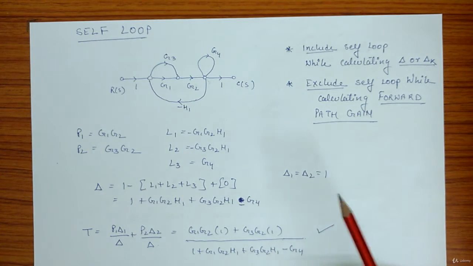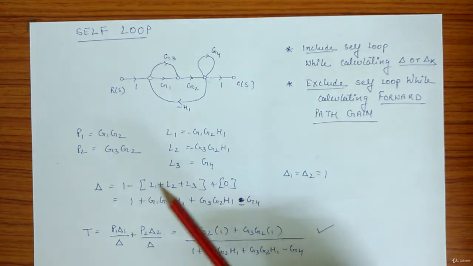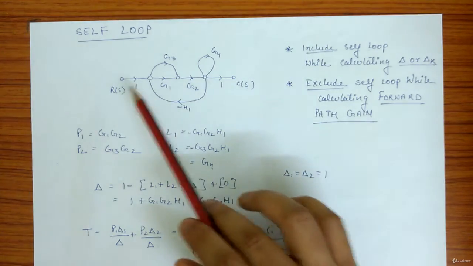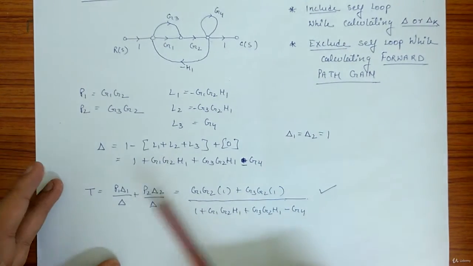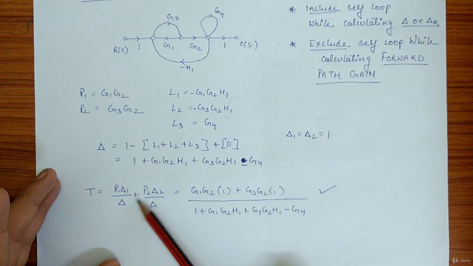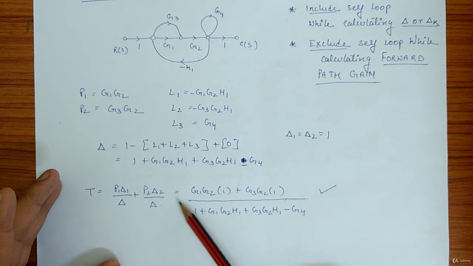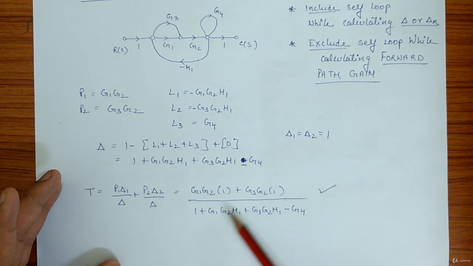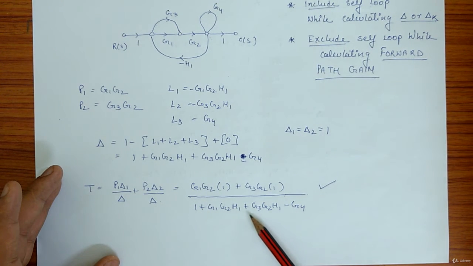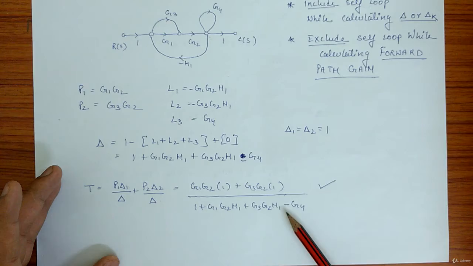So there are no loops when you exclude the forward paths. That is why the delta k's are 1. And then same thing, plug in the values. T is equal to P1 delta 1 divided by delta plus P2 delta 2 divided by delta, which ultimately comes as G1 G2 plus G3 G2 divided by 1 plus G1 G2 H1 plus G3 G2 H1 minus G4.